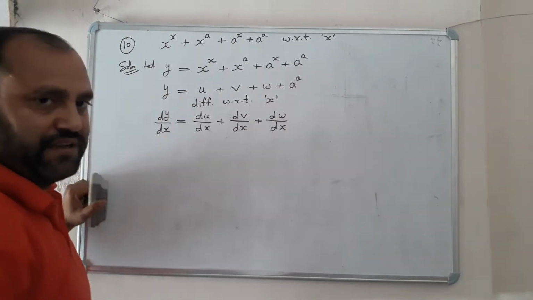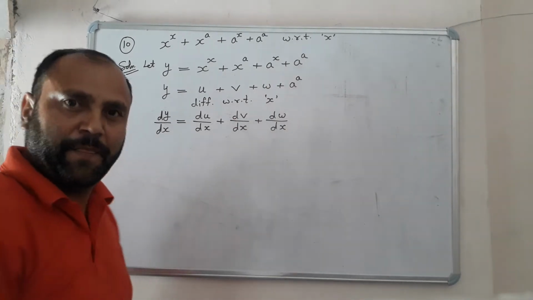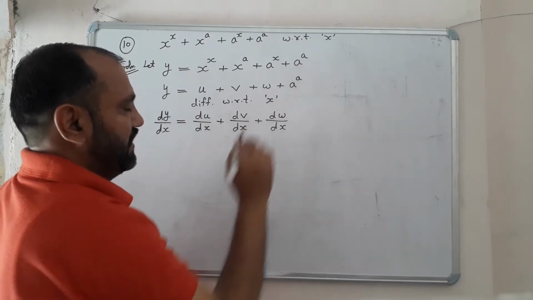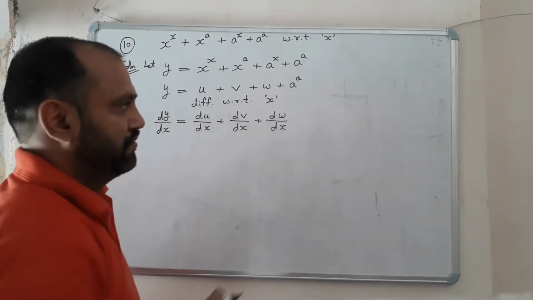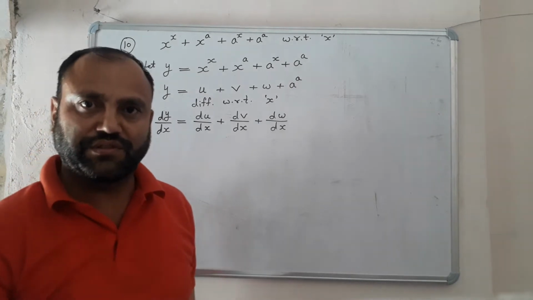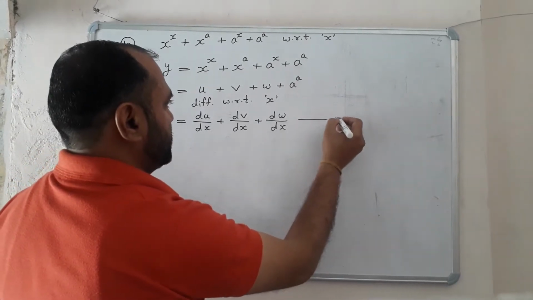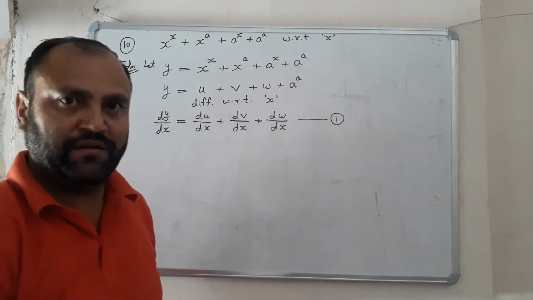And what is the differentiation of a raised to the power a? Its differentiation is 0, because the derivative of a constant term is equal to 0. So consider this as equation 1.